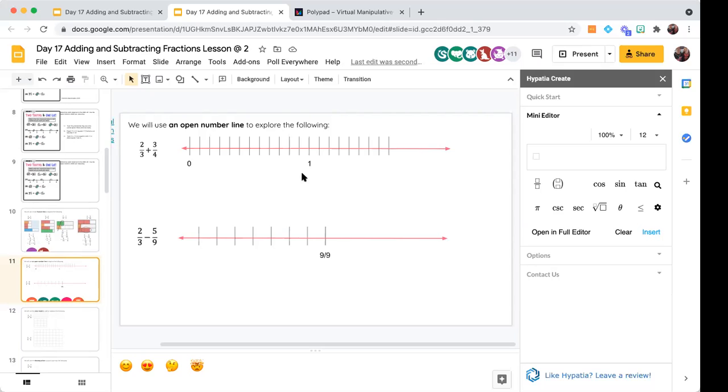And how do I know where they might be located? It can be a mess, right? So I'm going to start off by saying I know that 2/3 is equivalent to 4/6. And that also is equivalent to 6/9, which is also equivalent to 8/12.